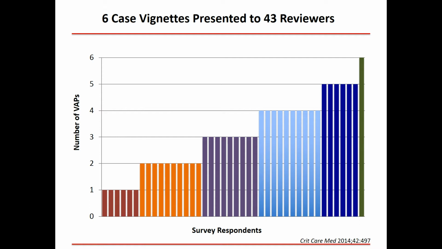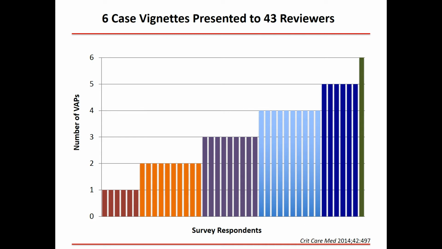They distributed them to hospital epidemiologists around the country and asked them to classify each case as pneumonia yes or pneumonia no. And you can see over here that equal number of respondents felt there was 1, 2, 3, 4, or 5 of the 6 patients who had pneumonia. In other words, there was no agreement whatsoever amongst these respondents as to whether or not pneumonia was present or not. So again, the implication is humility.